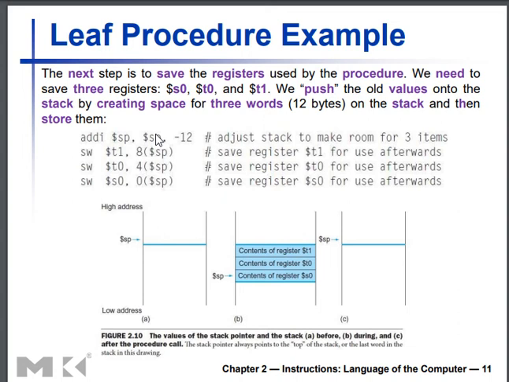Okay then, now you need to push the old values of the registers. What are the registers I'm going to use? I'm going to use T1, T0, S0. So keep those old values in the stack by pushing the values onto the stack.